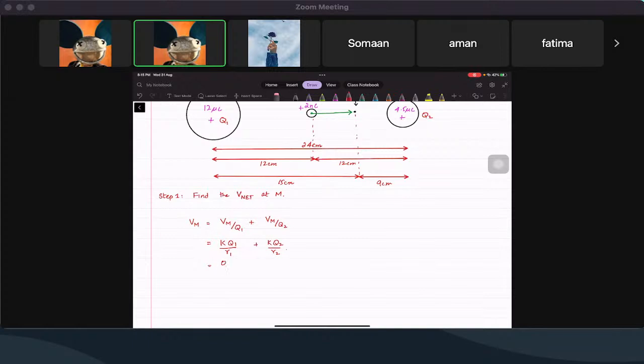I'm going to write 8.99 times 10 raised to 9 just to save some time. Q1 is 12 times 10 raised to minus 6 coulombs divided by, till the midpoint the distance is 12 centimeters, so I'm going to write 0.12. Why 0.12? Because I've changed it to meters. Plus the other one is 4.5 times 10 raised to minus 6 divided by 0.12 because it's the midpoint. Any questions here?